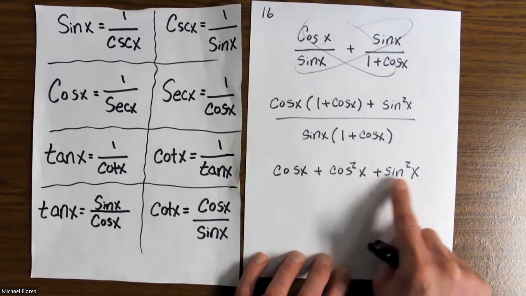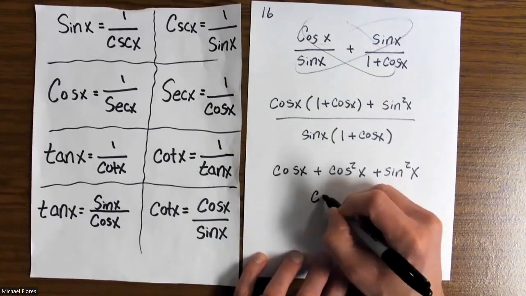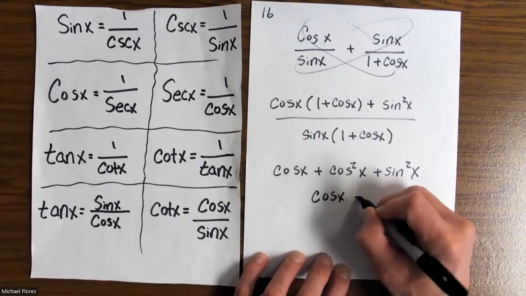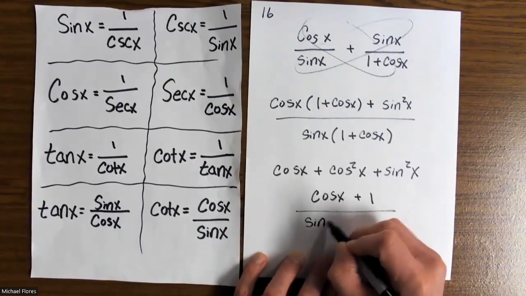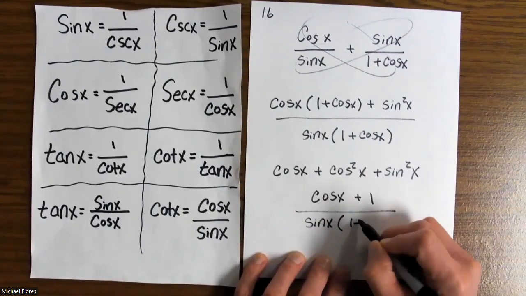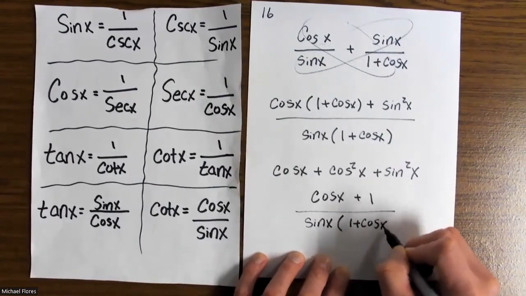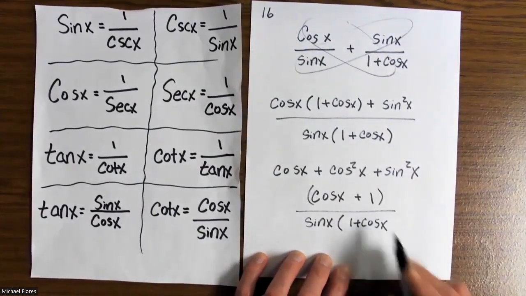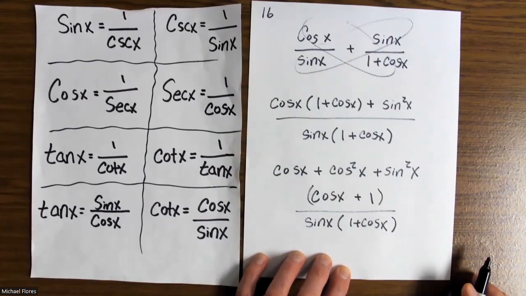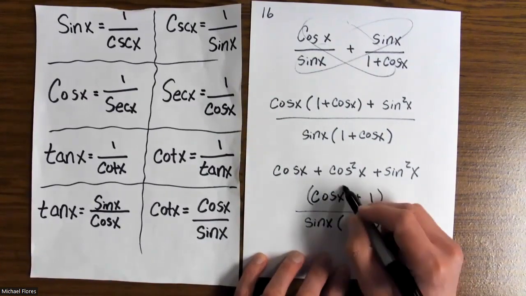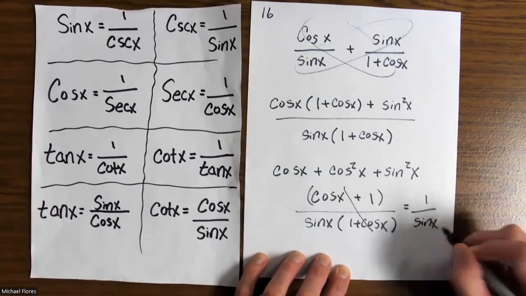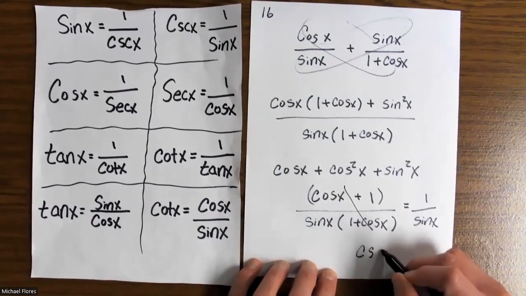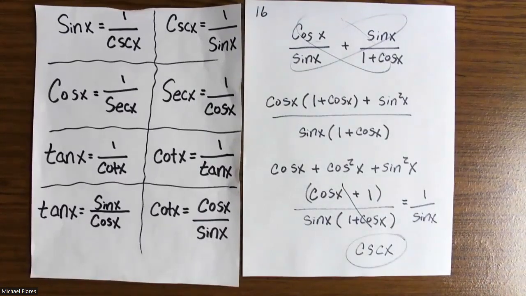Remember what cosine squared plus sine squared is equal to? It is equal to 1. Now over the denominator. Now that we've fully simplified the numerator, we can do any canceling that we need to. We can cancel these two out, leaving us with 1 over sine of x, which is the same thing as cosecant of x.